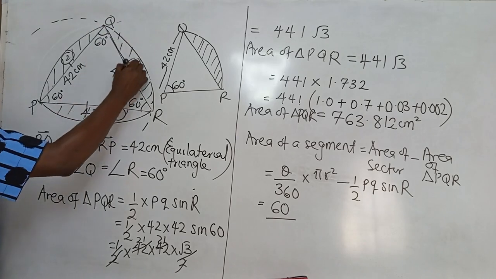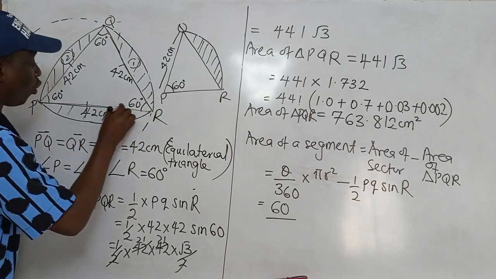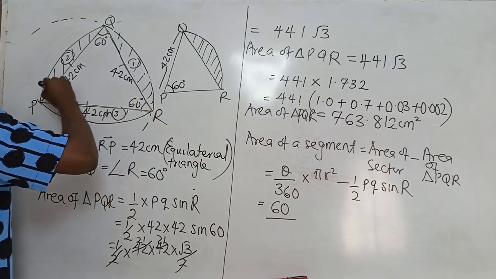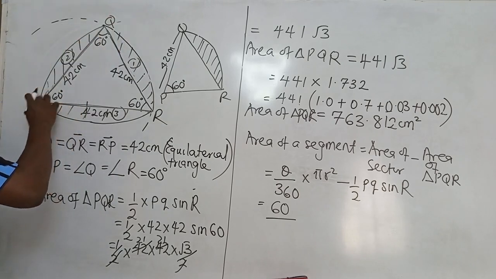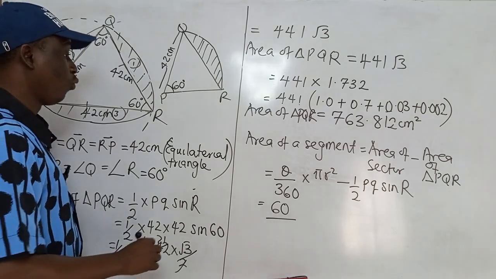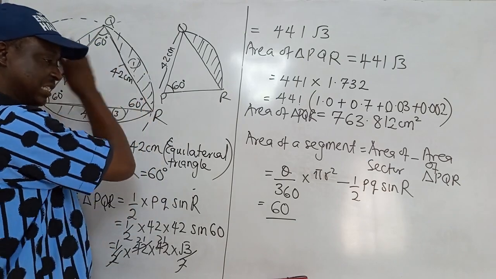So the length of this chord is the same as the length of this chord, which makes the segments have equal area. Once we get the area of one segment, we can multiply to get the 3 of them.